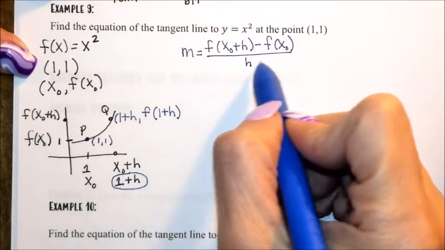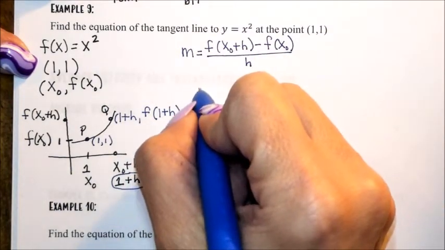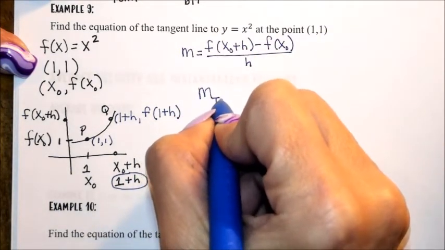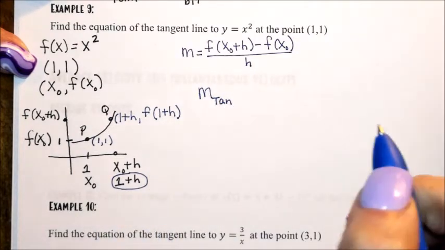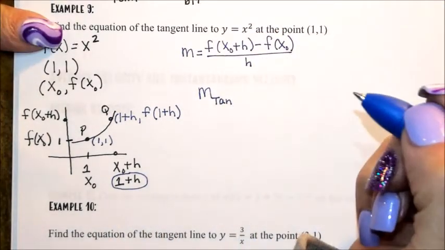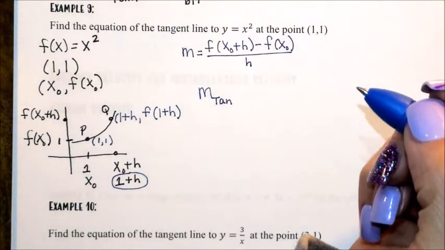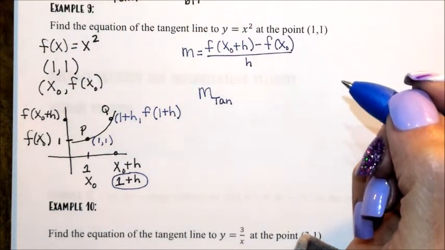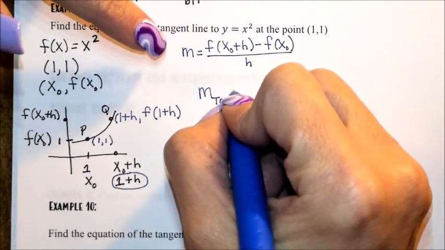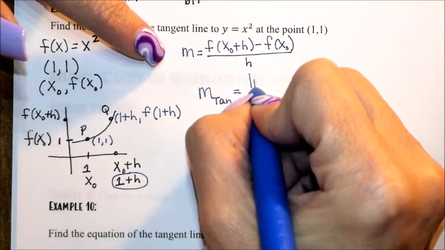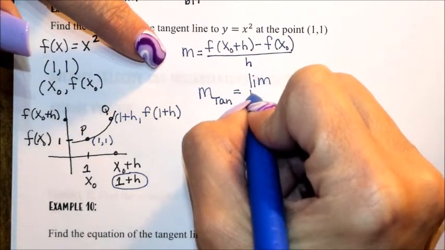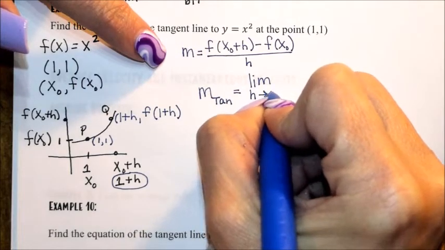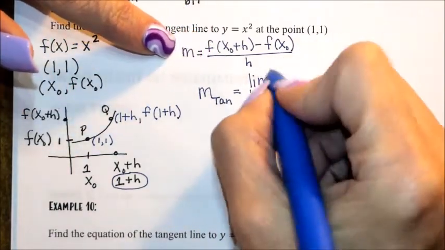So using this, I want to find the slope of the tangent line, because that's what it wanted me to find. If I'm going to write the equation, I have to have a point and a slope. I have a point, but I don't have a slope. I'm going to say it's the limit as h approaches 0 of this.